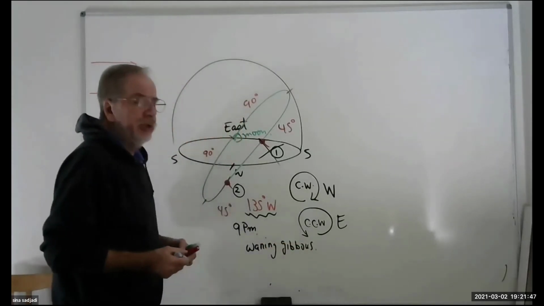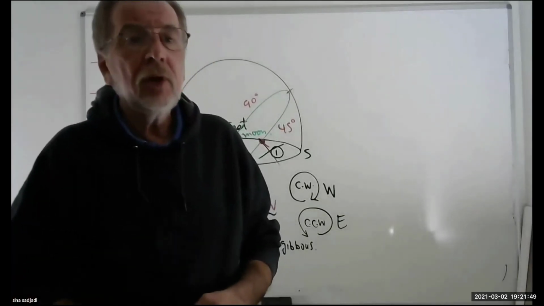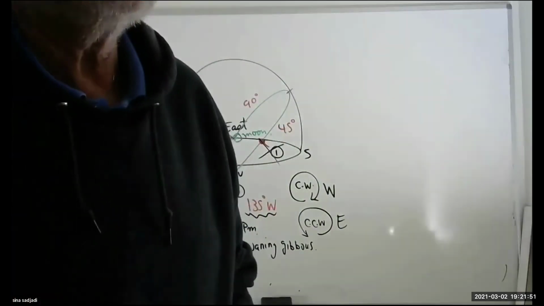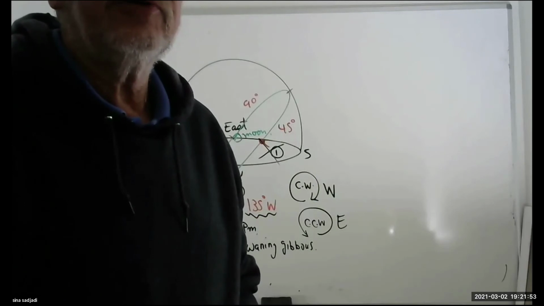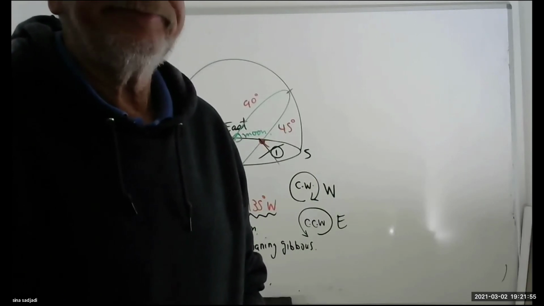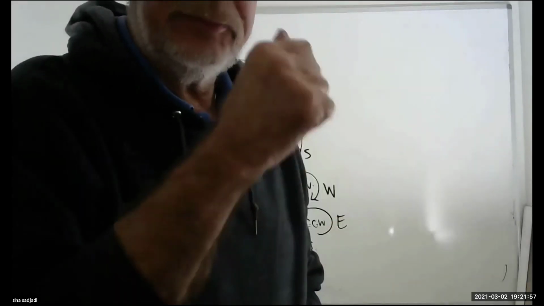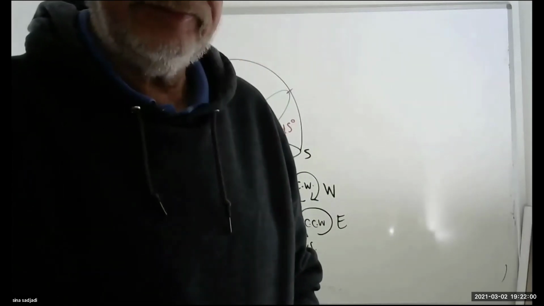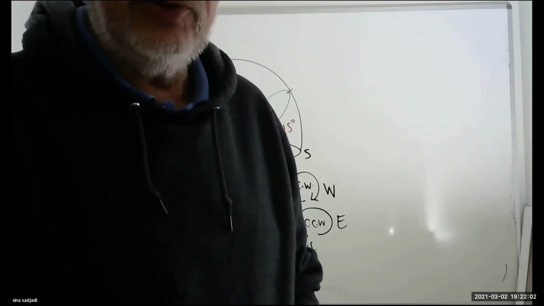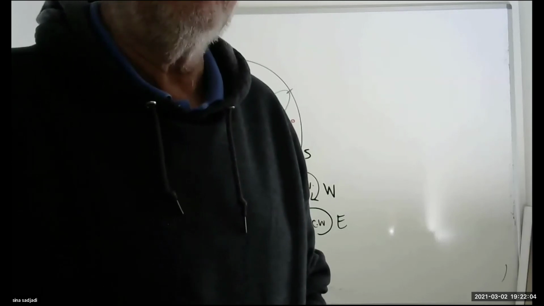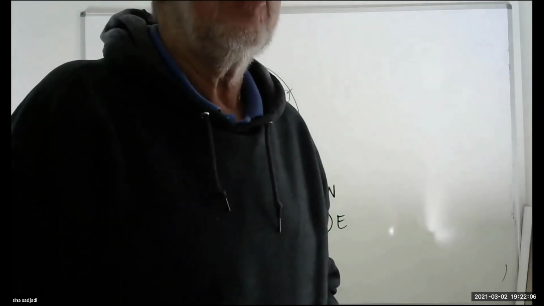All right, so let's do the other one that we talked about. We said it was J and what else? 1, 2, 3. Fourth one from J. What is that?